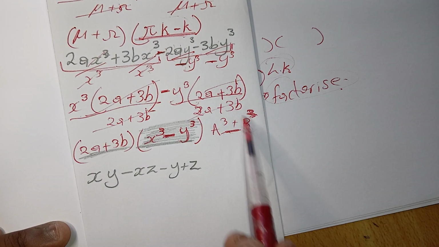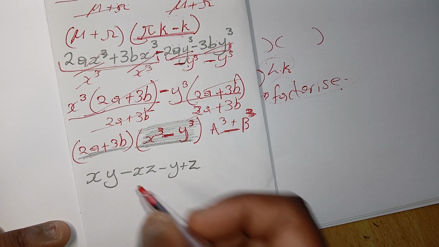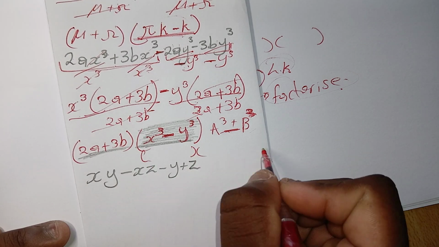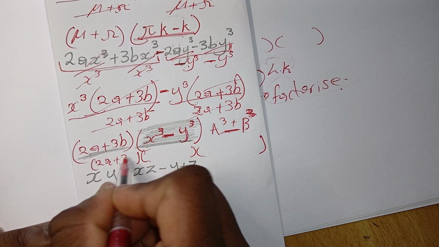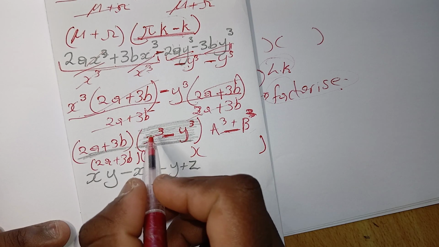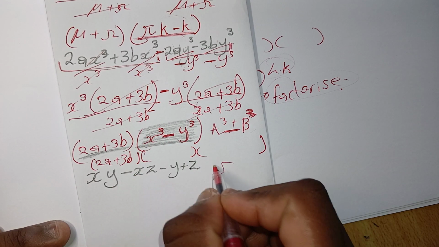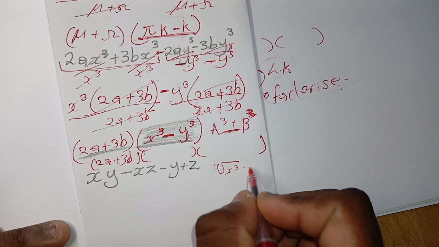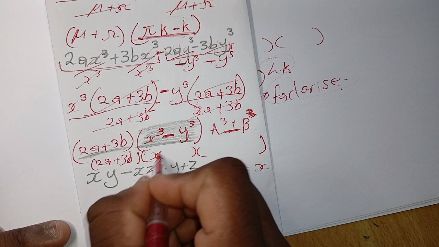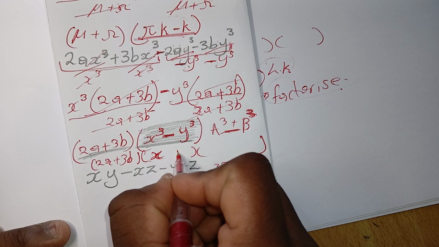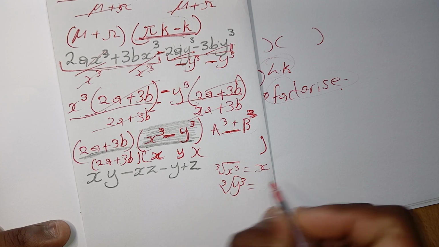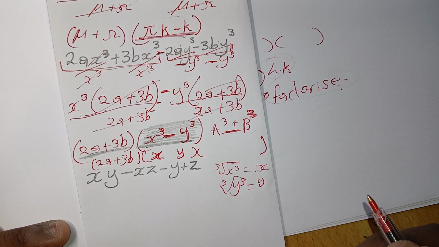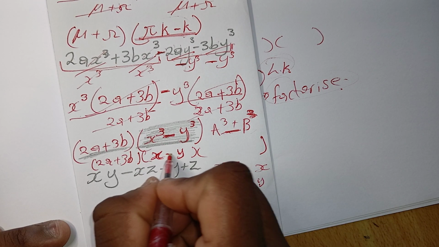So how do we factorize this? To factorize this, we just say open and close, open and close. This one we write the way it is. To factorize this one, we take the cube root of x³, which is just x here. The cube root of the second term is y. Do you see? Yeah. So that minus will be there.